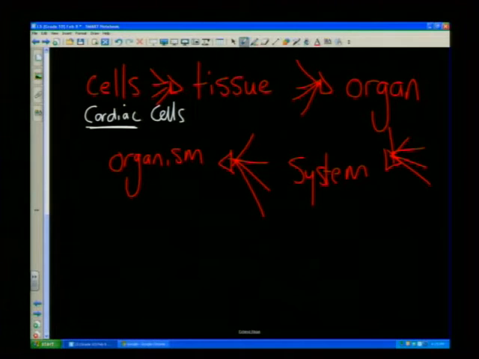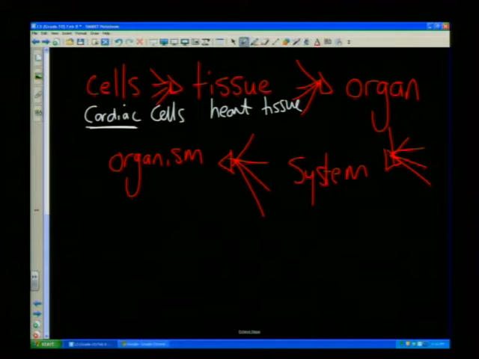Okay, so all your different little cardiac cells will join together to form the tissue that makes up the heart tissue. And that heart tissue will end up joining to form the heart. Right?